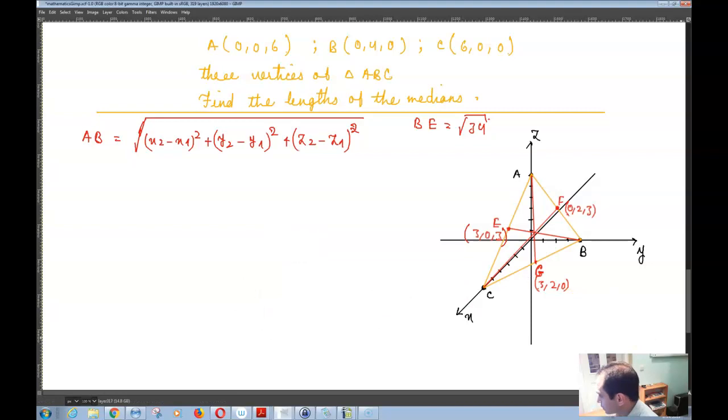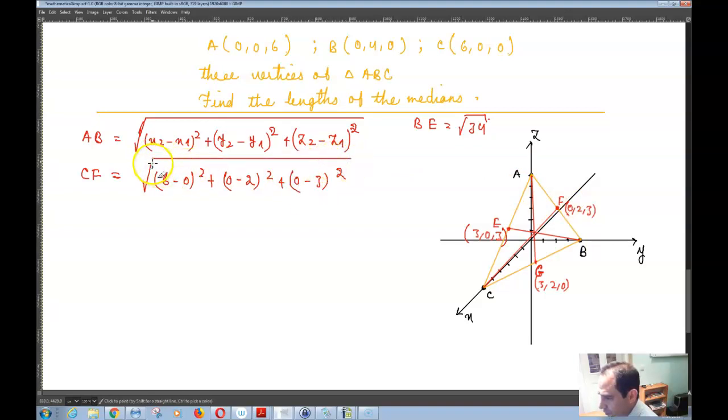The next distance, for example, would be CF, which is equal to the square root of, so this is C and this is F, (6 minus 0) whole squared plus (0 minus 2) whole squared plus (0 minus 3) whole squared.